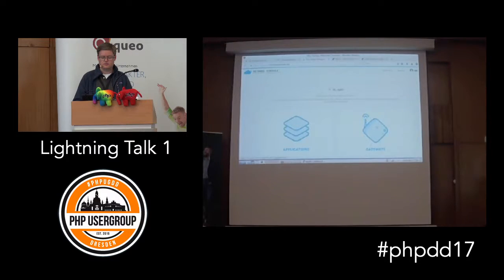Here you can see your gateways, and the nodes are under applications. So if you have set this up and you have set up your nodes and your gateway here, or you use a gateway of someone else, you can send messages from hardware to the cloud, and then access them from your PHP through an API.